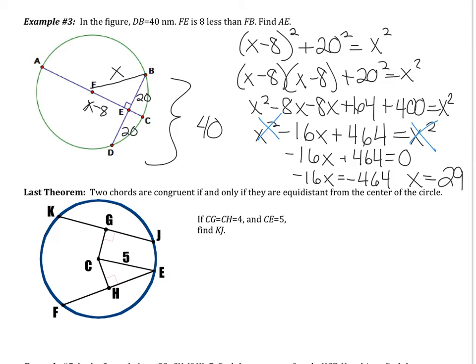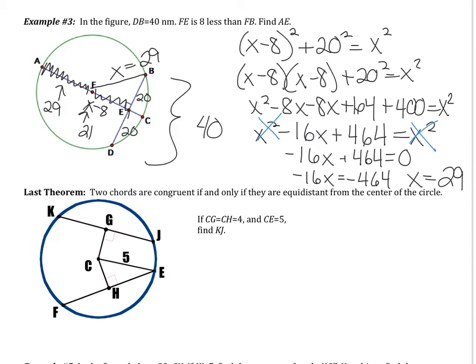All right, so AE is the diameter, not the diameter, I'm sorry, it's the radius. It's this piece plus this piece. Well, X is 29, so I know that this segment right here, if I plug in 29, I'm going to get 21. If X is 29, that's the same value all the way around, so AF is also 29.